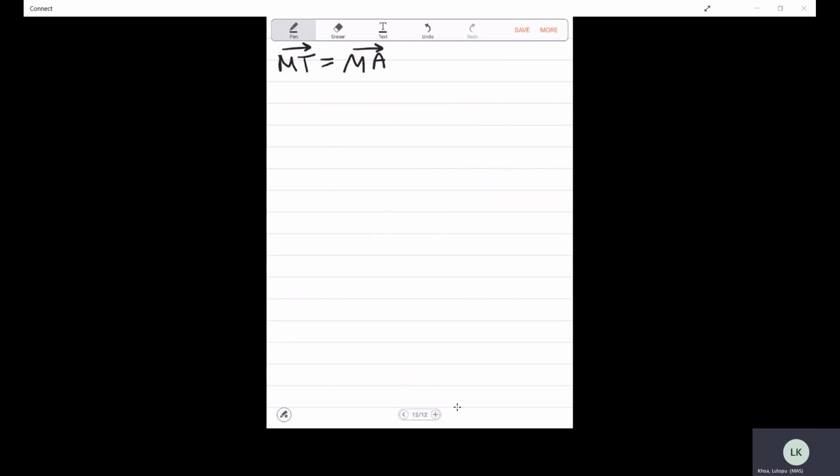And then once I'm at A, I go from A to T, because I worked out AT in the previous question. MA, we say this is half of A, and then AT, we said this is 2 over 3B minus 2 over 3A.